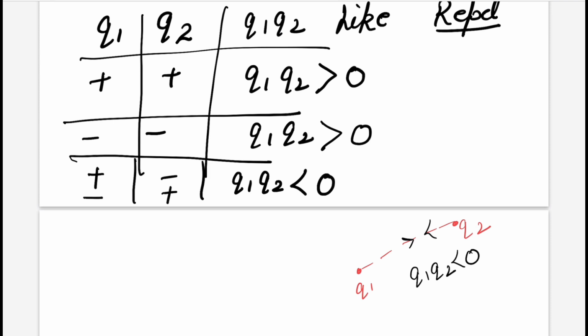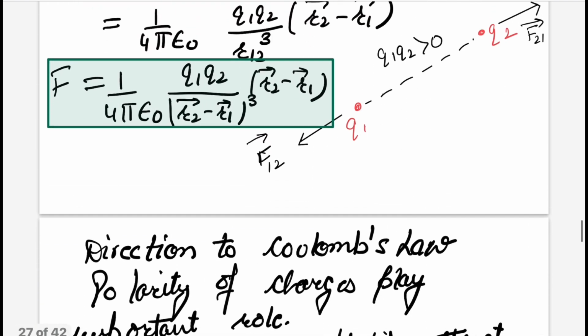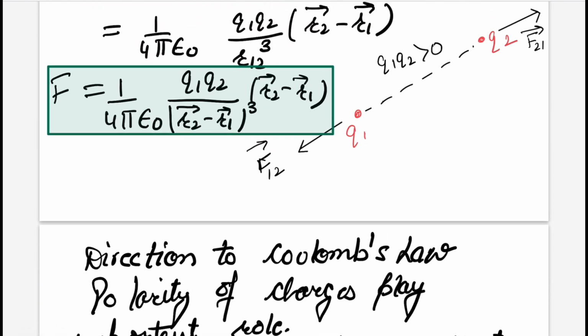Right? So if you look at this figure, here you have put two charges. The first charge is Q1, the second charge is Q2, and you have taken the product of both charges to be greater than 0. It means that both the charges are like charges. Either it is a combination of positive charges or a combination of negative charges. So like charges will repel each other.